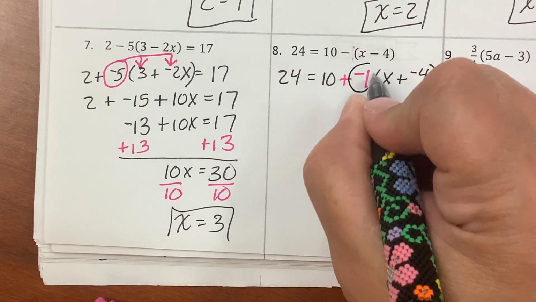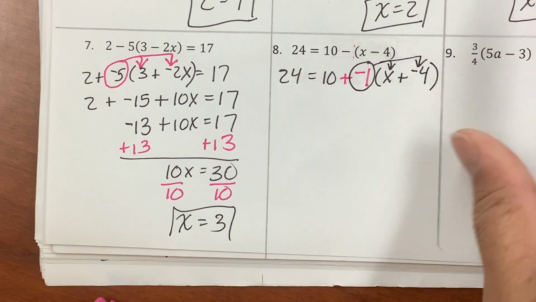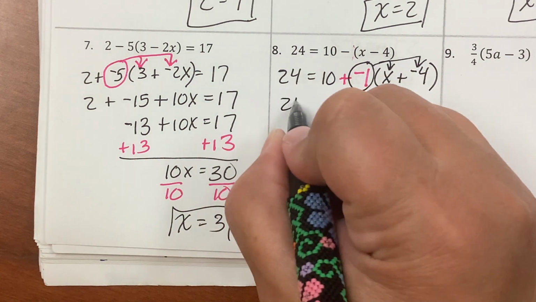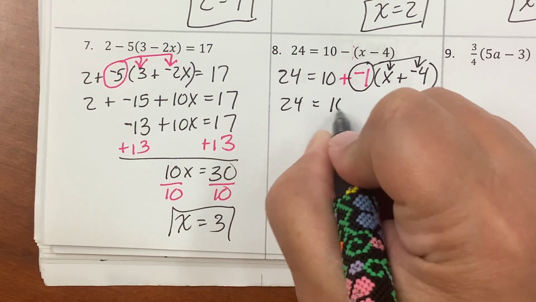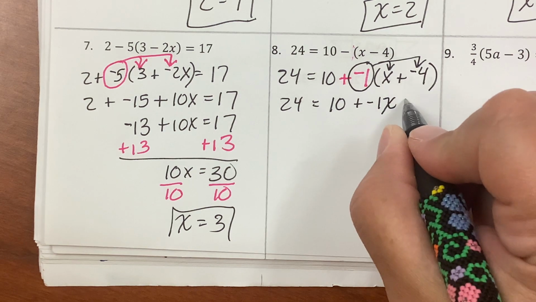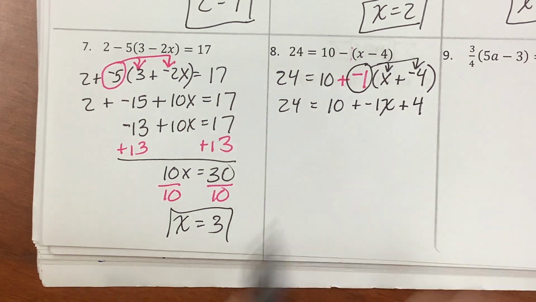You're distributing negative 1 times x. Negative 1 times negative 4. So, 24 equals 10 plus negative 1x plus negative times negative, positive 4. Multiplying by negative 1 just changes the sign of the number.